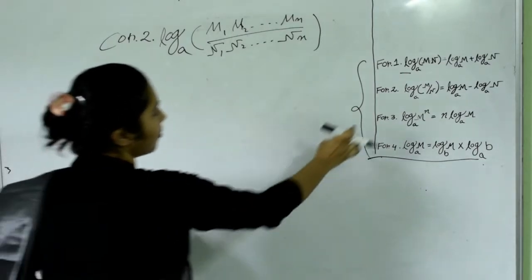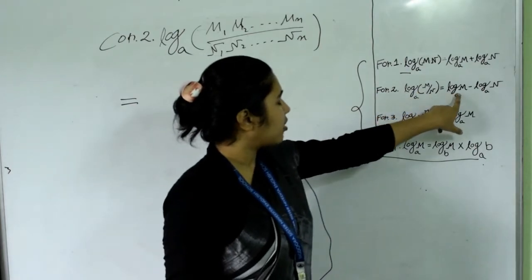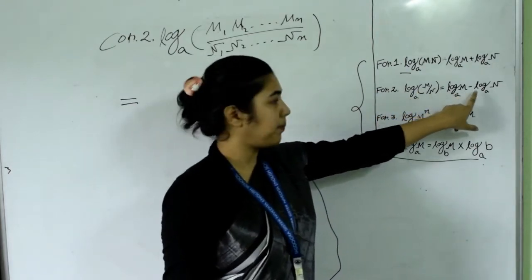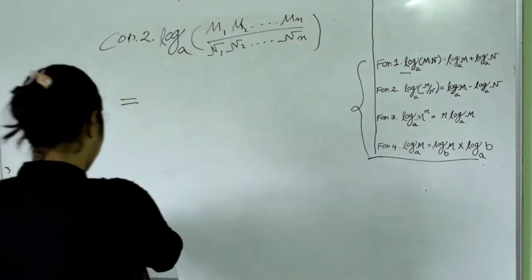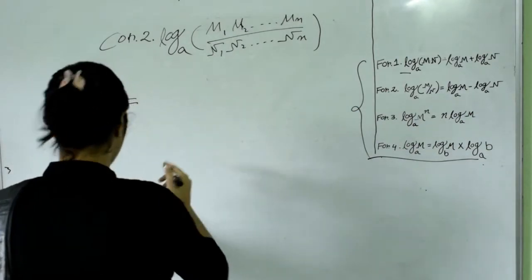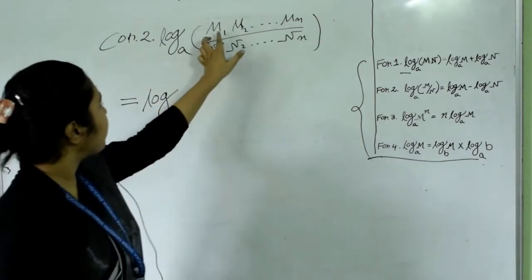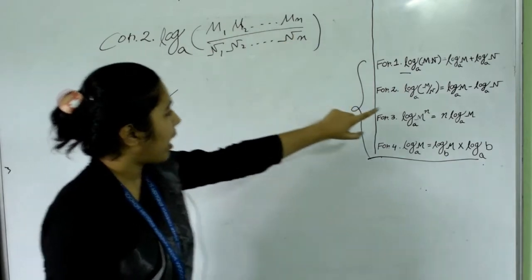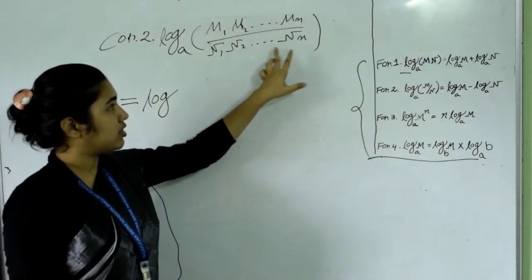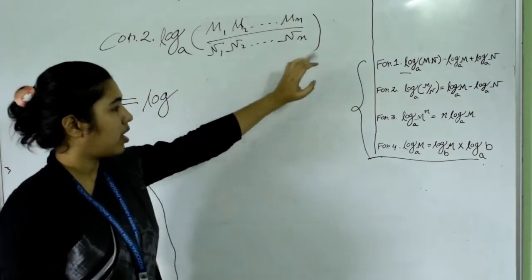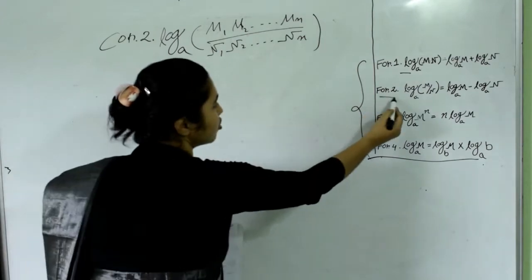So by formula 2, here we have only two terms m1 and m2, and we can write it as log am minus log an. So apply the same formula here. Consider this m1 into m2 up to mn as m, and consider the denominator n1 into nn as n, and apply formula 2.